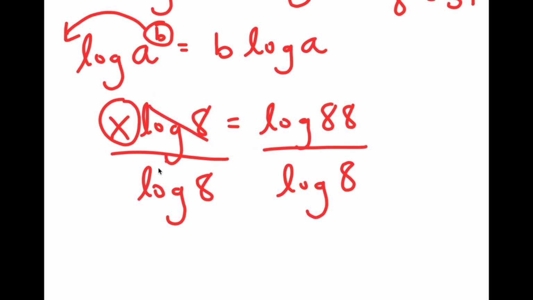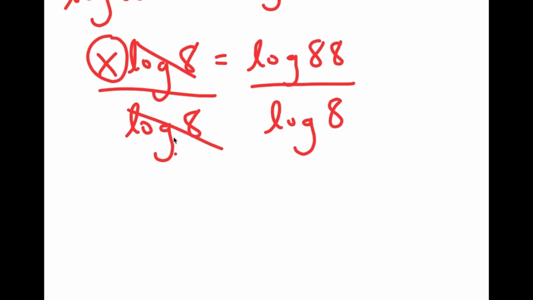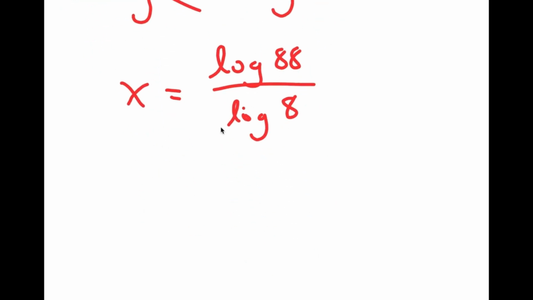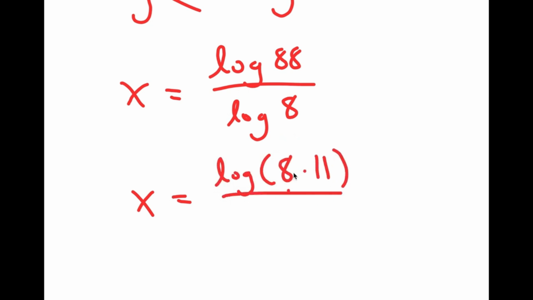So now these two cancel out, and I get x is equal to log 88 over log 8. Now log 88, I can rewrite this as log of 8 times 11. So I have log of 8 times 11 over log 8.